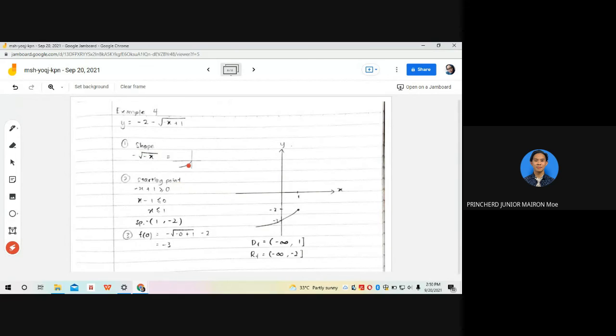The next step is to determine the starting point. To determine the starting point, we simply take the equation inside the square root, and we know that the equation inside the square root is greater than or equal to 0, because a negative square root cannot be identified. So I simply take negative x plus 1 greater than or equal to 0.